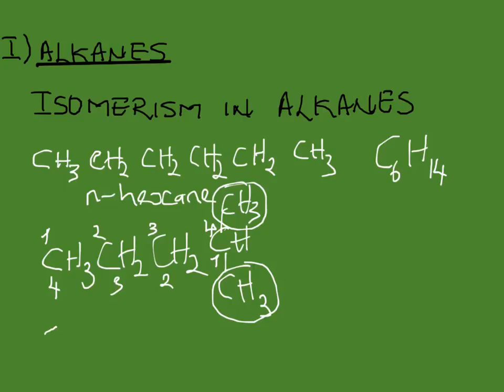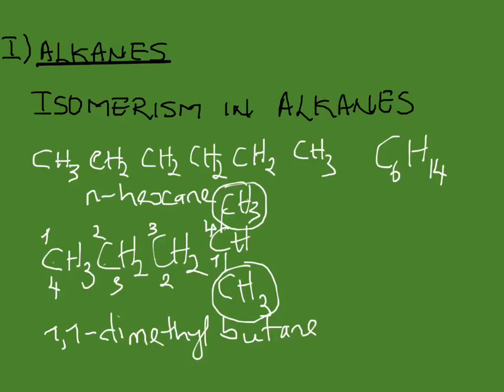So we say 1,1-dimethyl. 1,1-dimethyl what? 1, 2, 3, 4. The 4 carbon atoms refers to butane. So we have 1,1-dimethylbutane. That is a structure. This is a branched isomer.